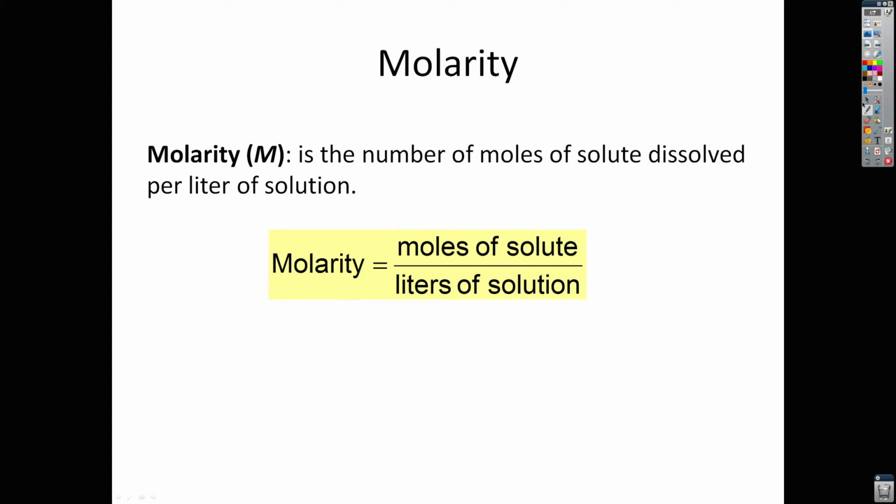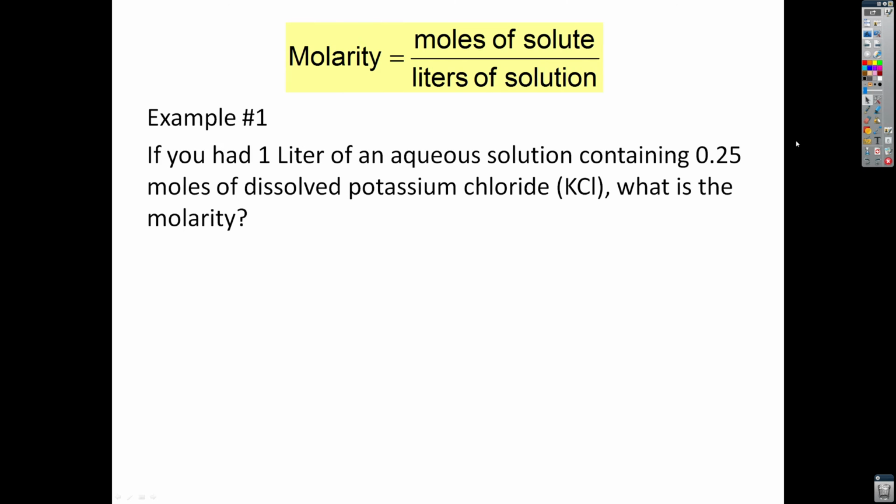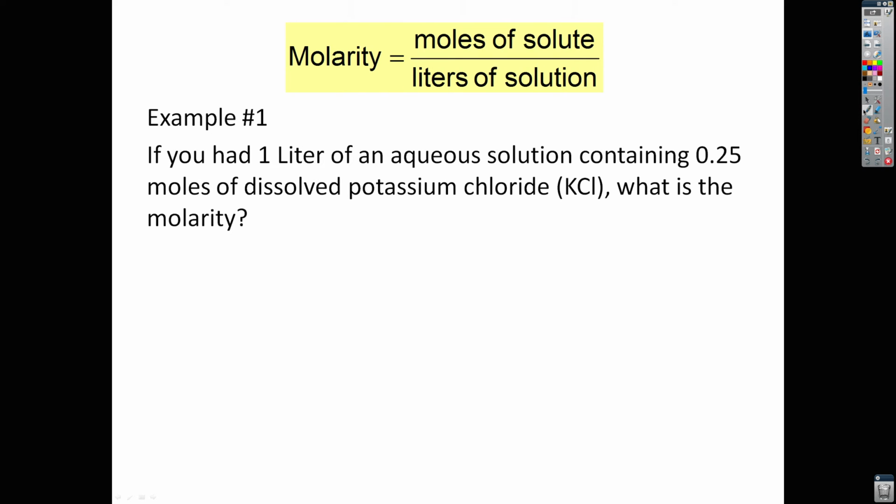So let's do 5 examples. First example. I have 1 liter of an aqueous solution containing 0.25 moles of dissolved potassium chloride. What is the molarity? This is a fairly easy question. Molarity equals moles of solute divided by liters of solution.